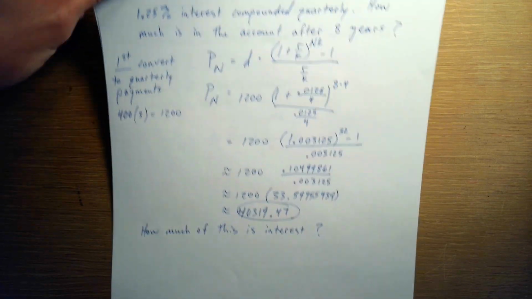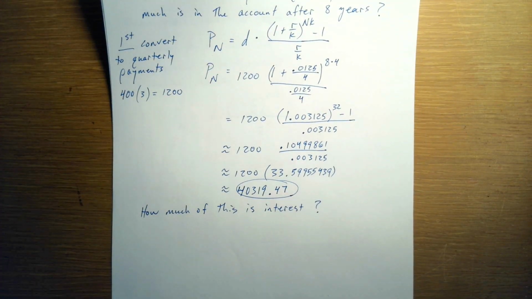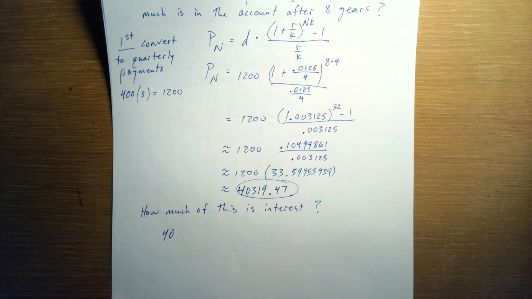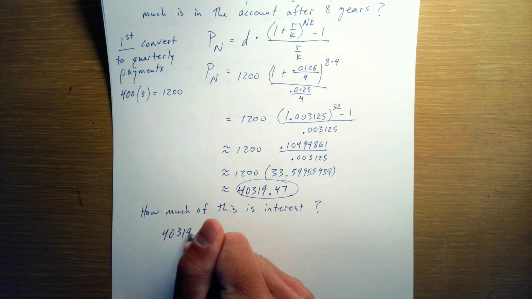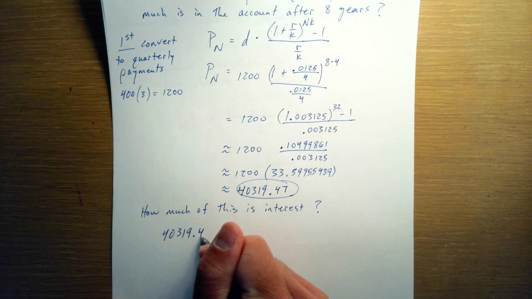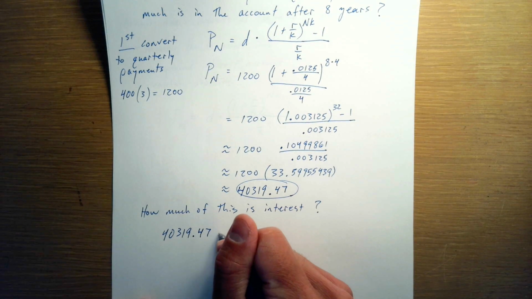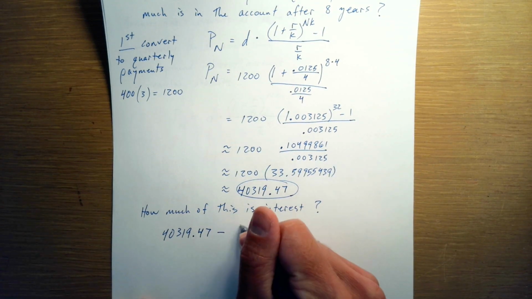We don't have a formula for this, but we can think our way through it and realize that in total, at the end of these 8 years, we had $40,319.47. But some of that was money that we deposited, and then the other part of it is interest. So we need to find out, how much did we deposit?